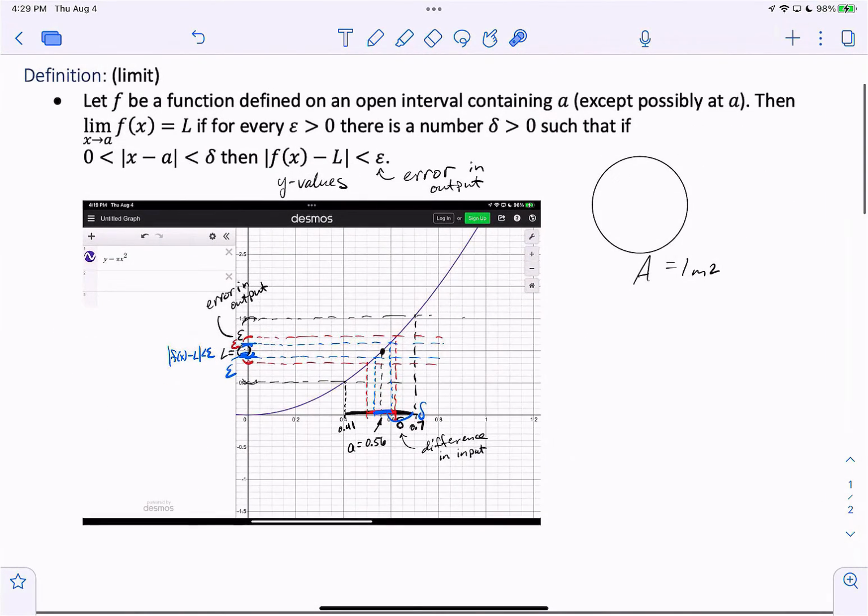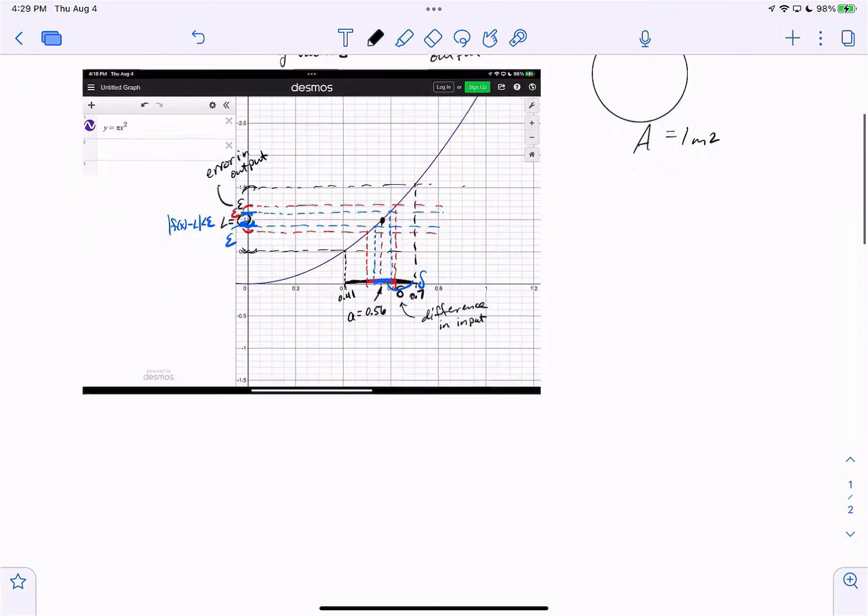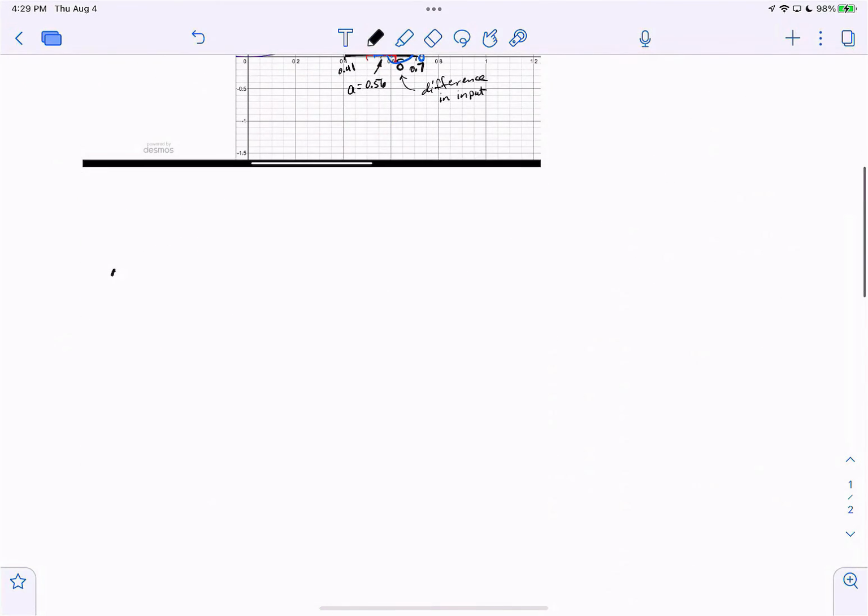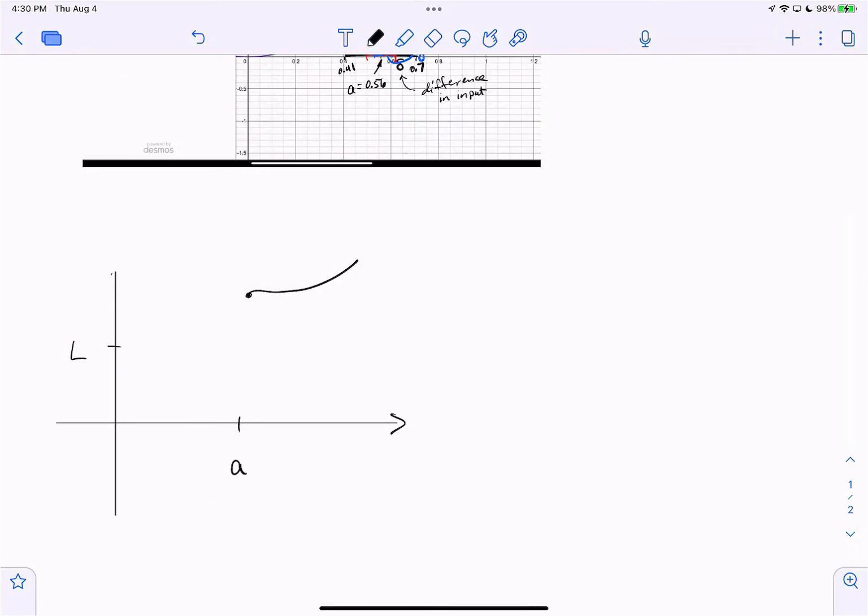And I think the best way to see what this means is by looking at a situation in which it fails. All right, so we're going to look at a situation in which a limit fails to exist. So I'll just mark an A here, I'll mark an L here, and here I have a function that has a gap.